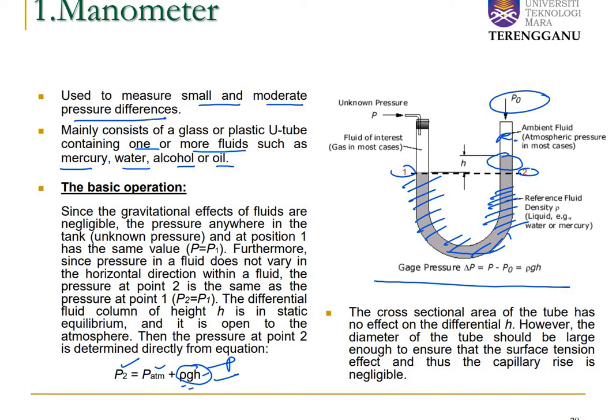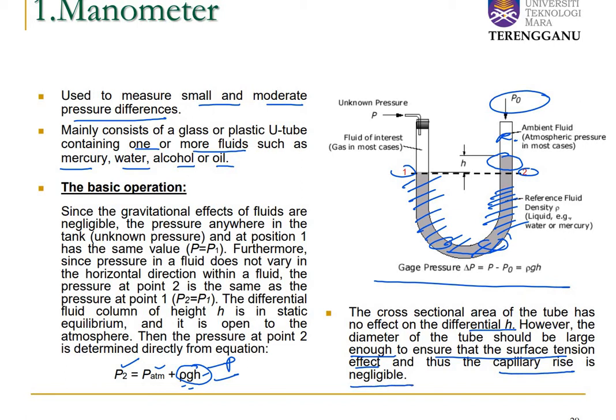So the cross-sectional area of the tube has no effect on the differential h. However, the diameter of the tubes should be large enough to ensure the surface tension effect and the capillary rise are negligible.